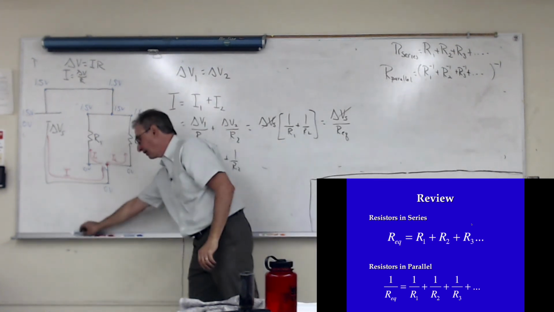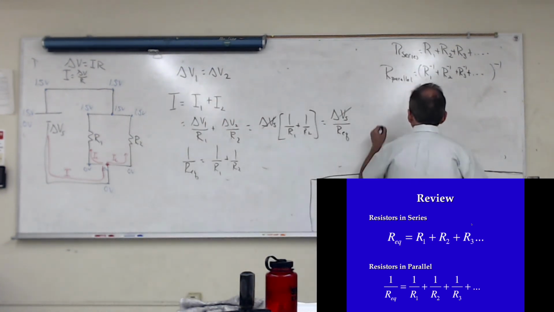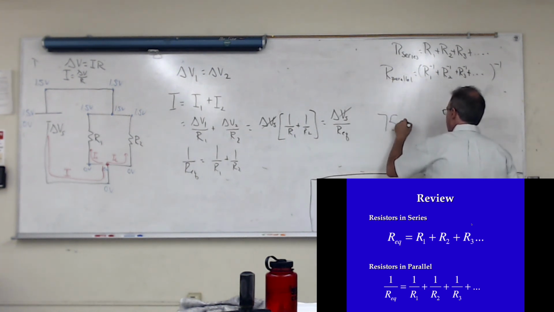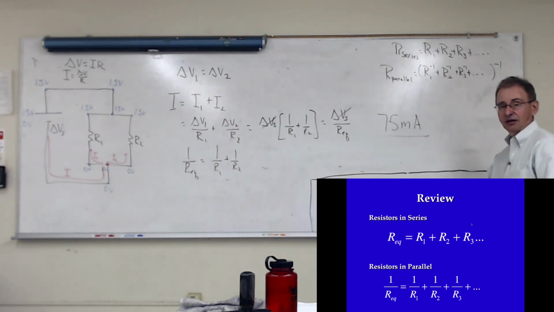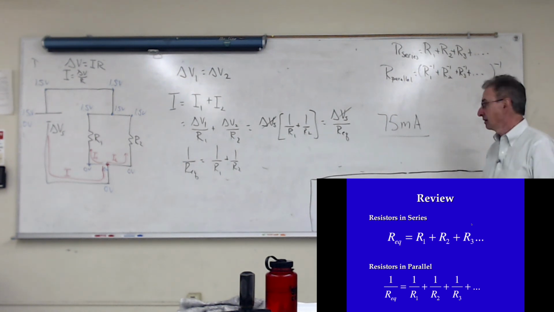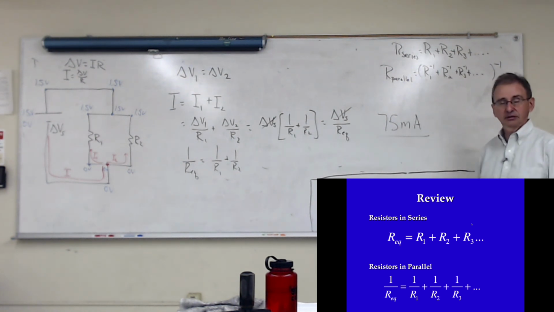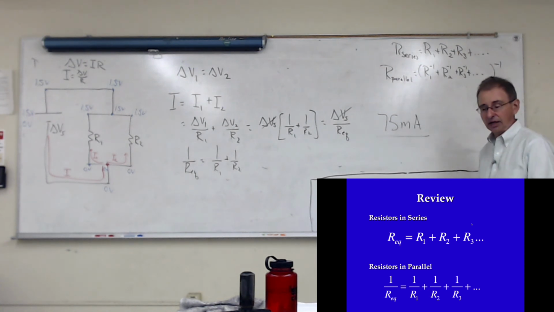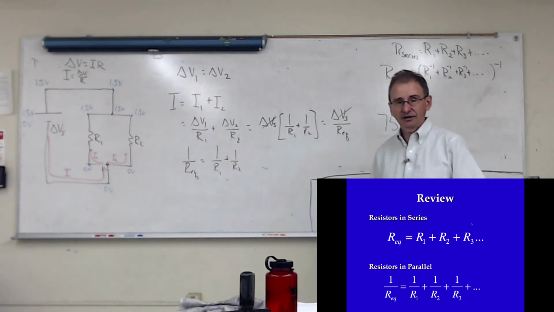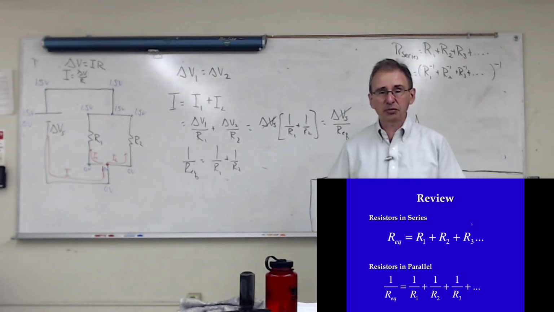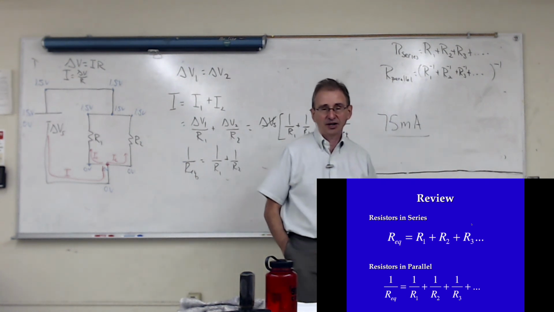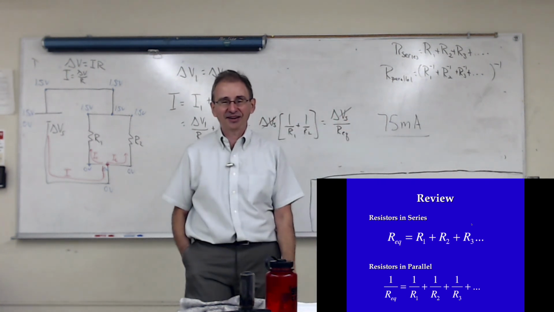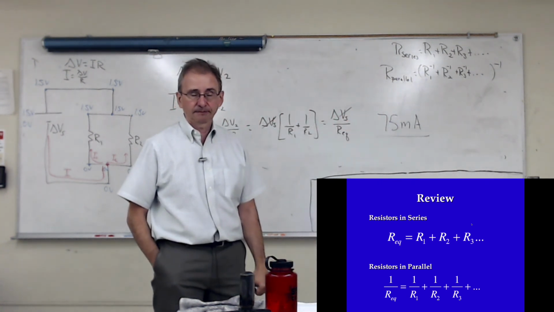If you can get 75 milliamps through your body, that'll kill you. If you get this much current through your body, it's not a lot of current. That'll kill you. That'll put your heart into fibrillation. It'll get your heartbeat out of whack. Okay? And that'll kill you.